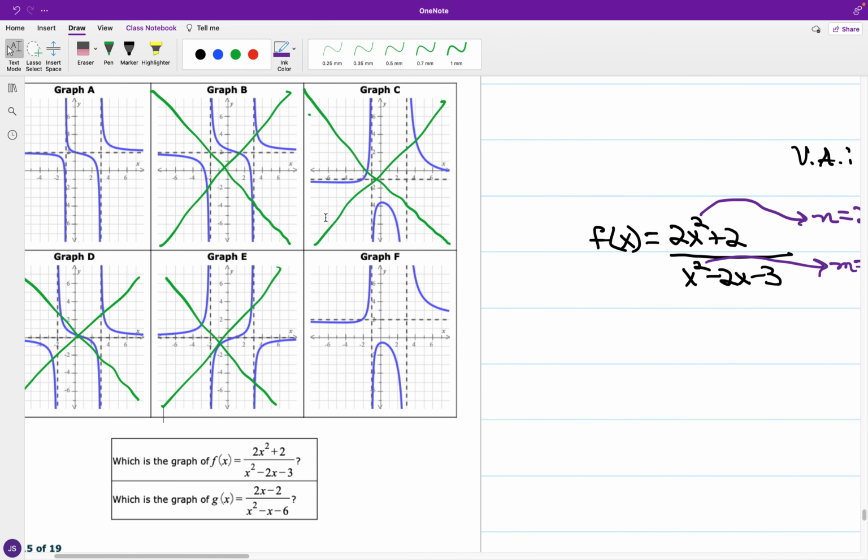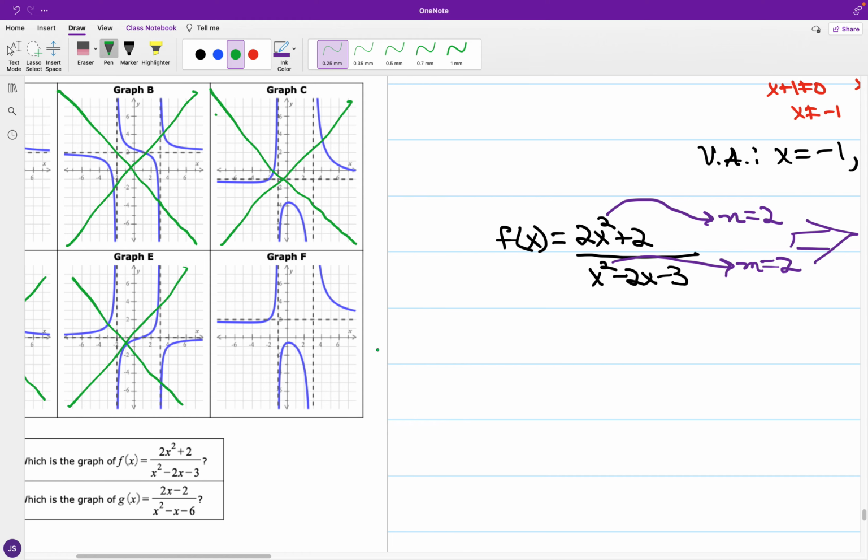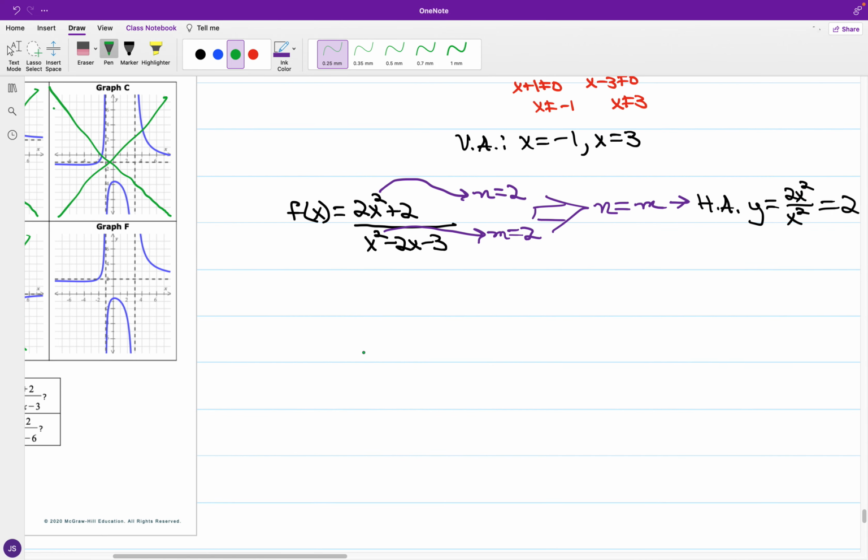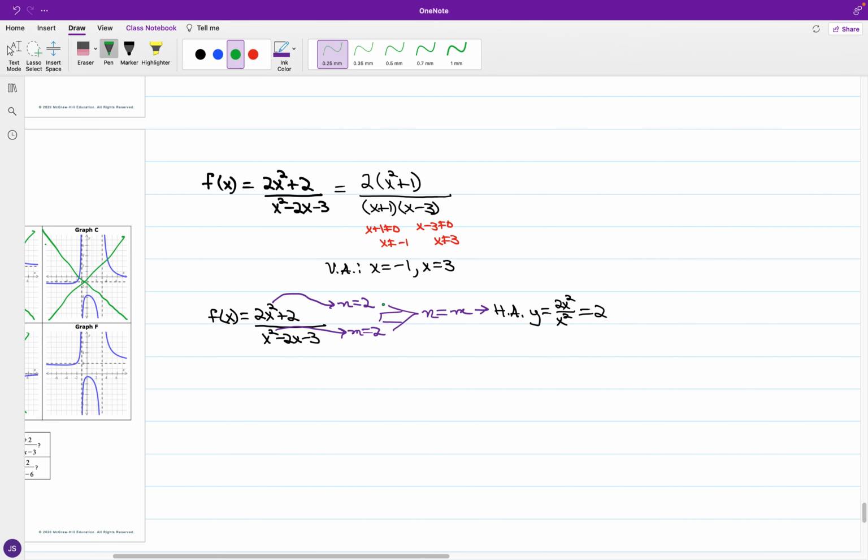And it looks like the tiebreaker is going to be the y-intercept, and whether it's going to be positive or negative. So you have f of 0.